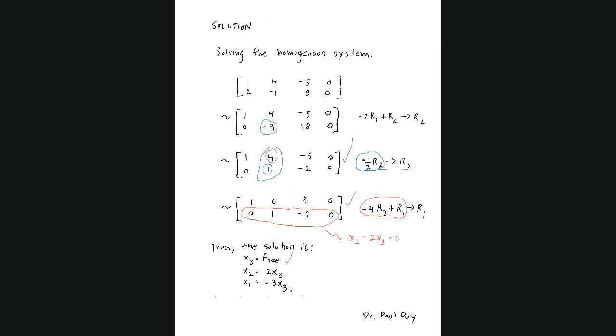On the other hand, the first equation reads 1x1 plus 3x3 equals 0.